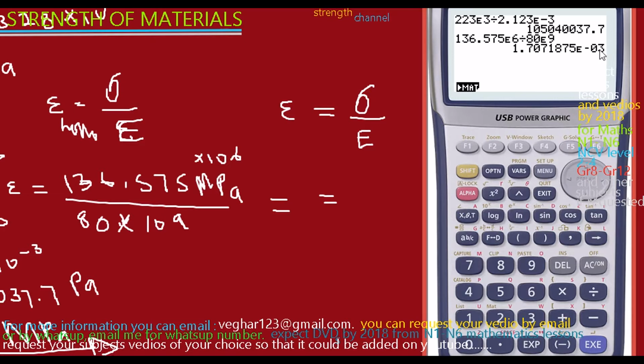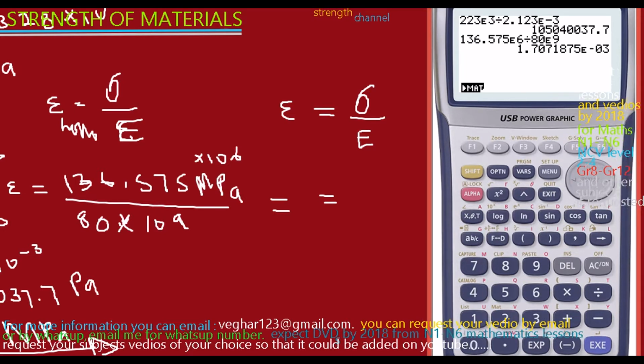Then the answer is this one. You see, it's very small. It's 1.707 times 10 to the negative 3.